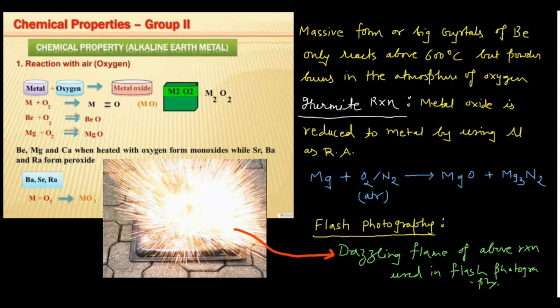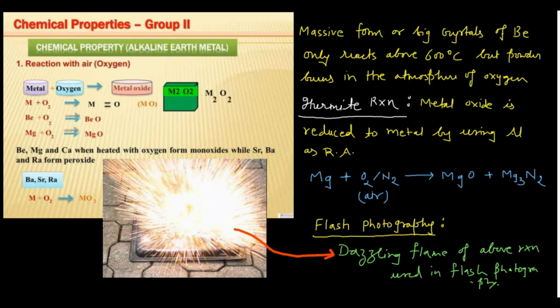Please remember this point: beryllium, magnesium, and calcium only form the monoxides, because their sizes are comparable with the oxide ion only. So they can accommodate only the oxide ion, so they form only the monoxide. Right, like I have written over there.